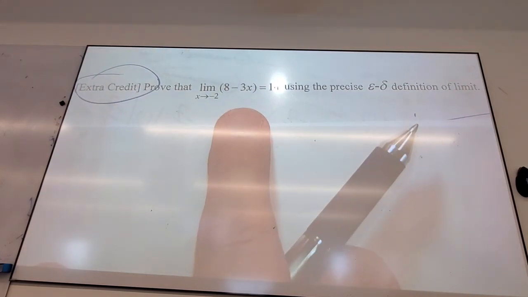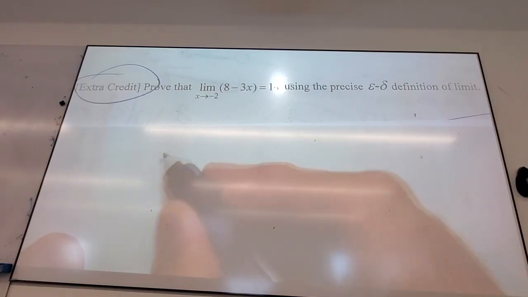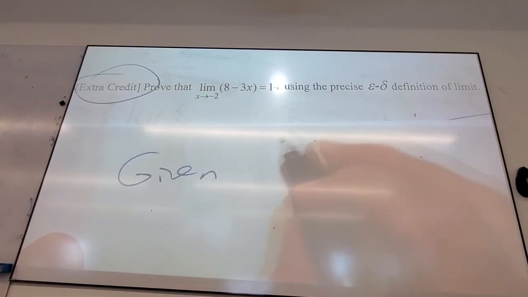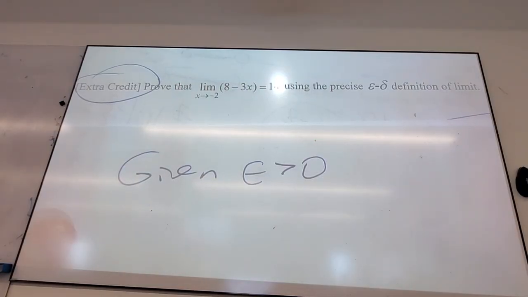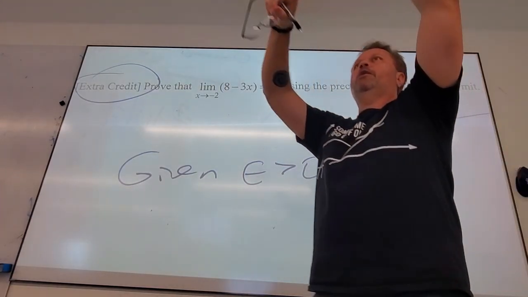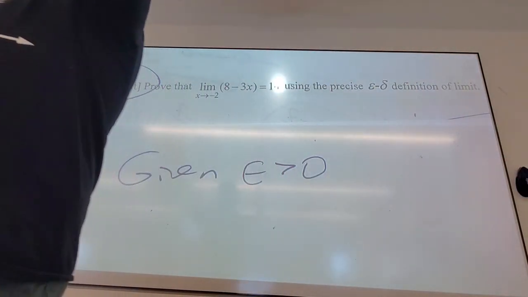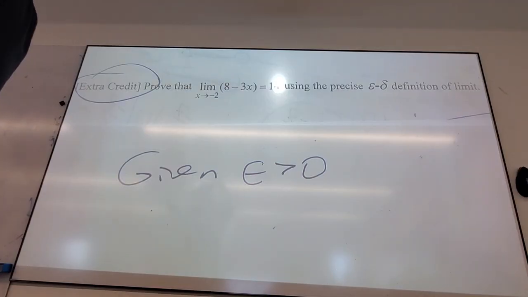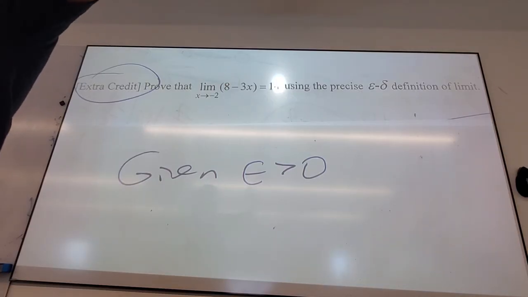The whole idea is if I'm given an epsilon. Somebody tells me, like I did earlier, if the limit really is 3 or whatever, I want you to get this close to it forever. We talked about that earlier with the cosine. As long as it's damped, it'll get that close.